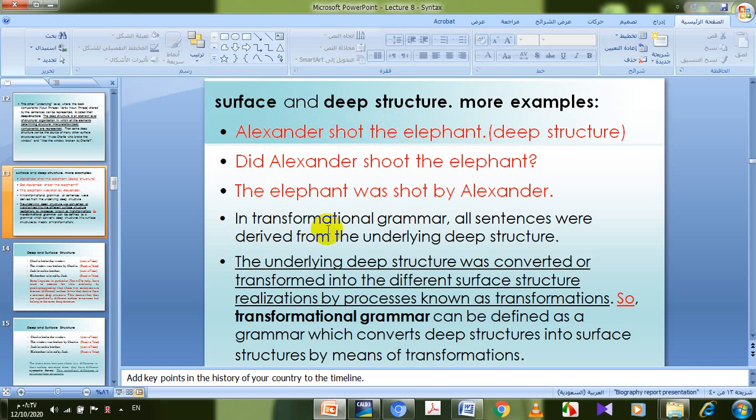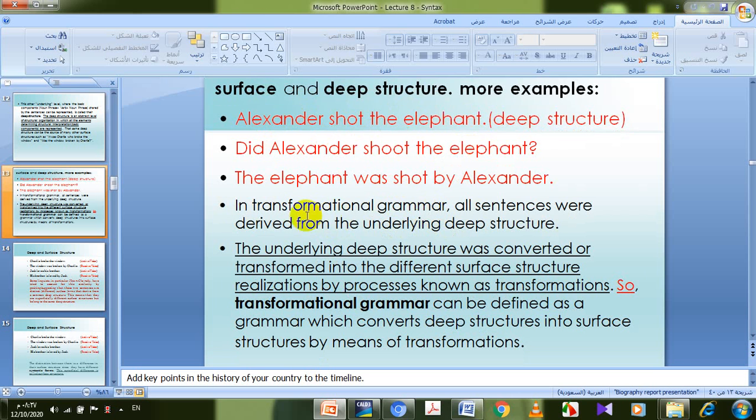So in transformational grammar, all sentences are derived from the underlying deep structure. All of these were derived from the same underlying deep structure. The underlying deep structure was converted or transformed into the different surface structures.